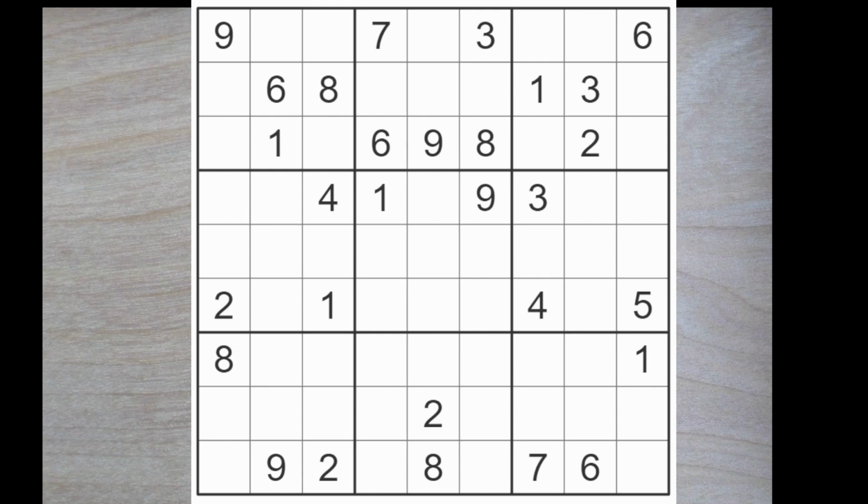That away, let's see what we have to deal with here. A couple of 2s are blocking up, and therefore a 2 must go here.